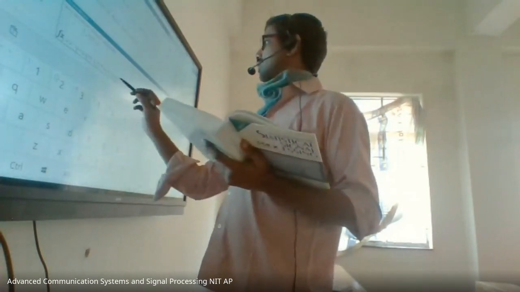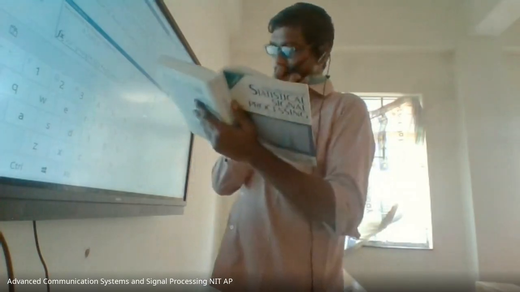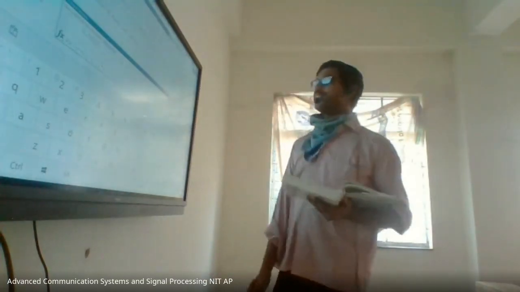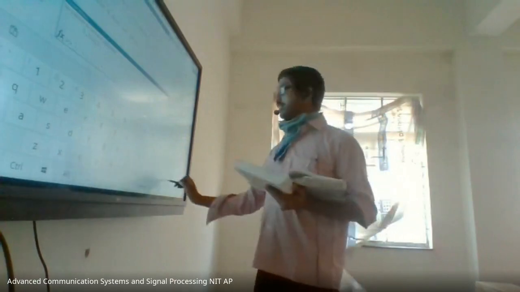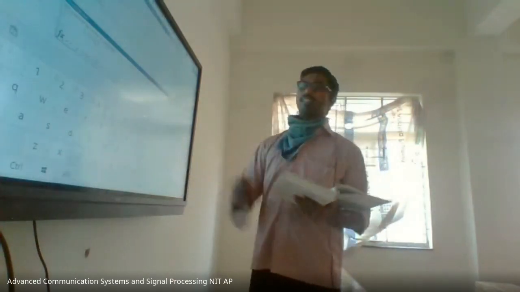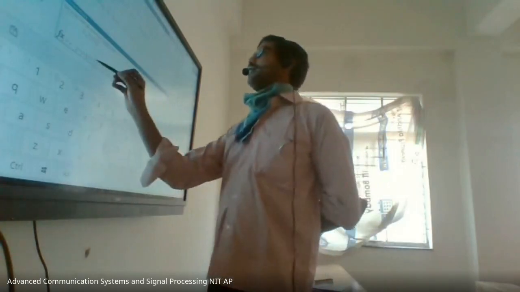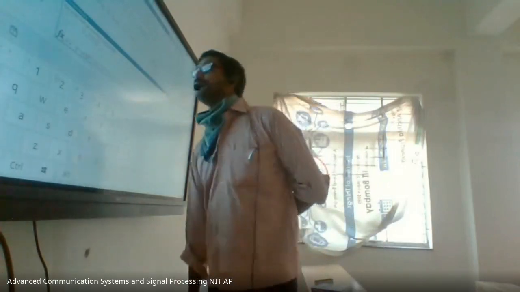So 1, I think 1 is sufficient, right? Yeah, 1 is sufficient. 3.09. Okay, so actually there is an inverse error function. The reason why I multiplied with the square root of 2, you might have understood.